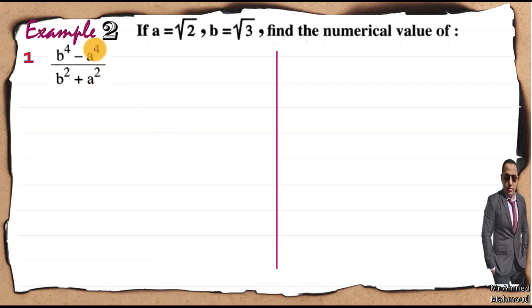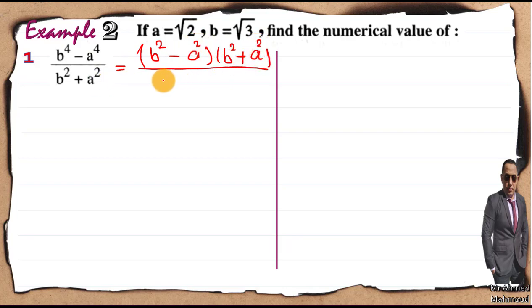First, I can factorize b power 4 minus a power 4. It's equal to, open two brackets. This is the difference between two squares. Here minus, here plus. Square root of b power 4 equals b power of 2, here and here. Square root of a power 4 equals a power of 2.